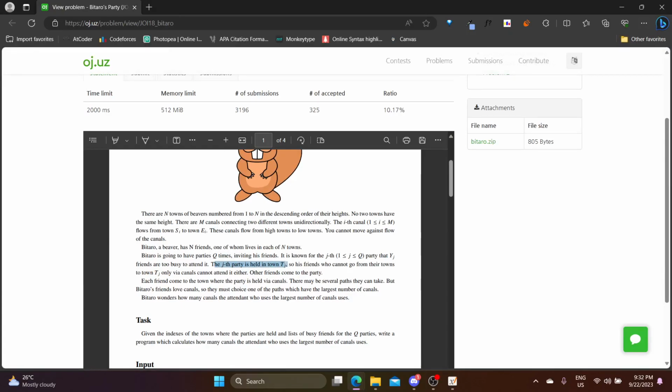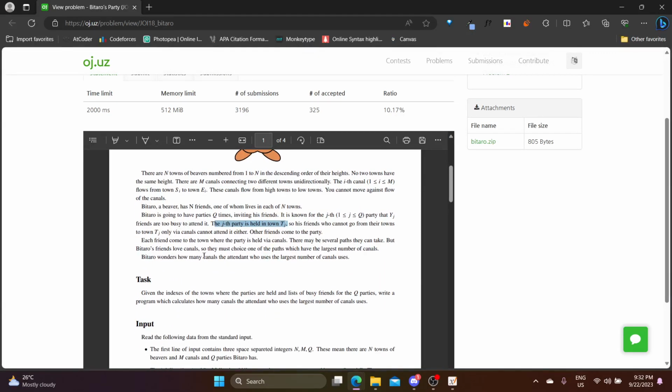The jth party is held at t_j, and then you want to find the longest path. But the hard part of this problem is that there is a set of y_j friends who are too busy. So what this means is that you want to find the longest path to a certain vertex, but at the same time, there is some set of vertices where you cannot start from.